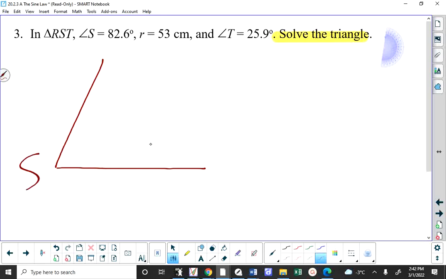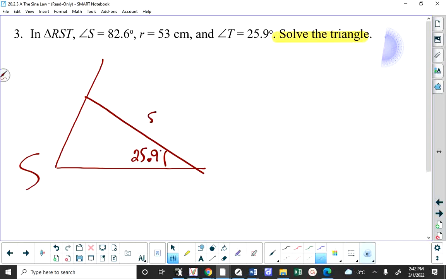We want to draw now, this is my thinking, side S so that I have an angle that looks like 26 degrees. .9 actually.